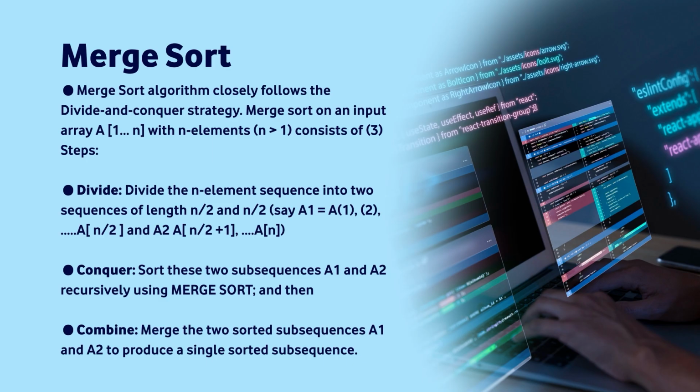So what will you do? The first list will be from 1 to 4 and the second list will be from 5 to 8. In the divide step, the first list is from a of 1 to a of n by 2, so 1 to 4, and the next list is from a of n by 2 plus 1, which is 8 by 2 plus 1, that is 5, to a of n, so 5 to 8.